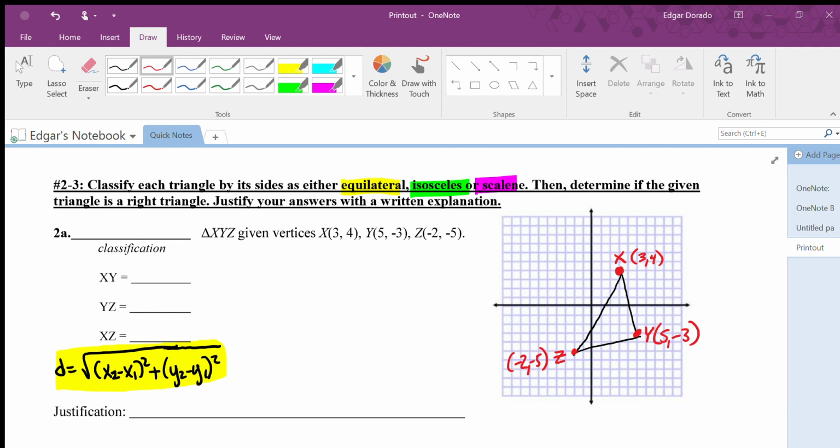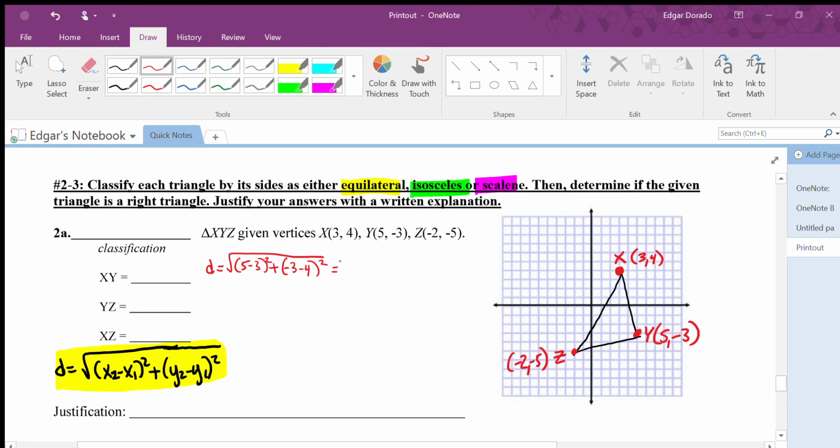Alright, let's do this. So, XY. Again, I just like checking this before we even get started. So x comma y. I have 5 minus 3, and then y2 minus y1, so -3 minus 4.